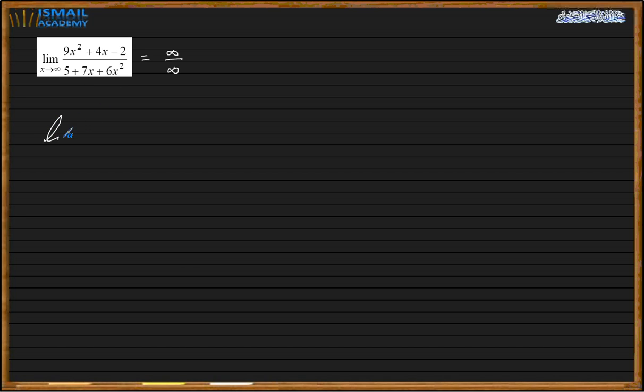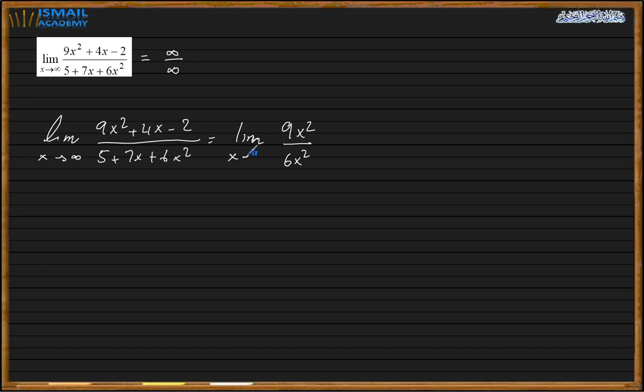So the limit of 9x squared plus 4x minus 2 over 5 plus 7x plus 6x squared when x goes to infinity is the same as the limit of the highest power of the numerator over the highest power of the denominator when x goes to infinity. Then I cancel x squared. Then I will end up having 9 over 6, which is 3 half.